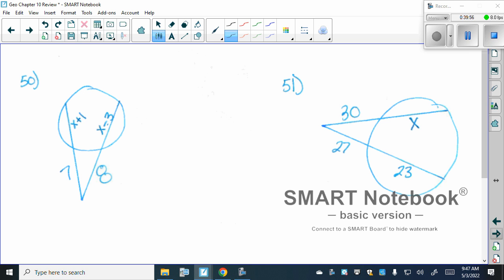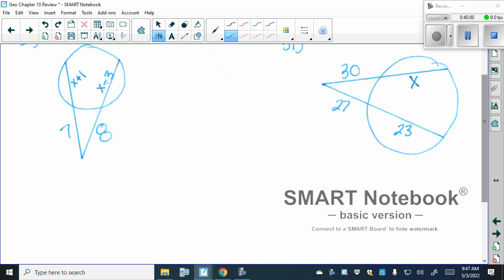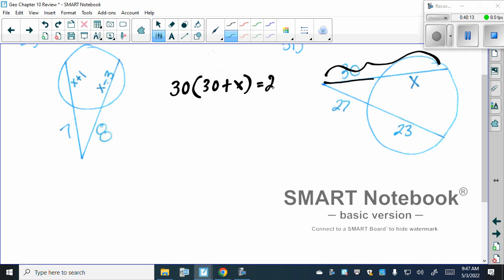50 or 51? So this one here, it's exterior times the whole. So 30 times 30 plus x. Exterior length times the whole is equal to the exterior length times the whole.